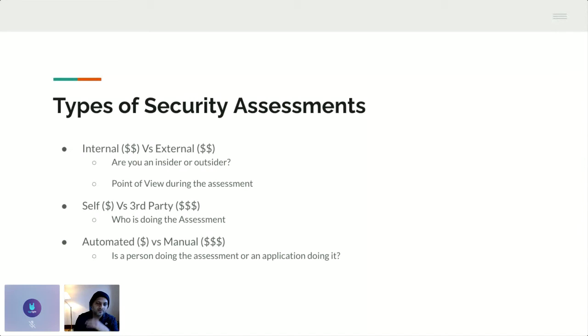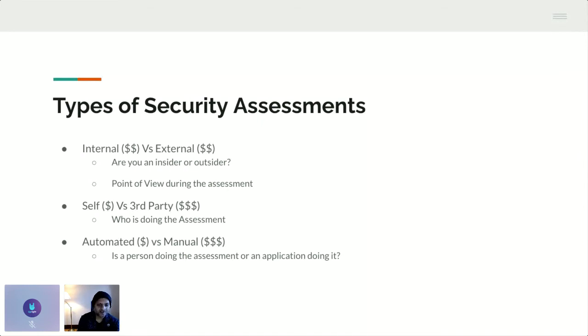And then doing the test from the external perspective, as a user, they will not have access to any of these things. They won't have access to your internal servers, but they can see the app, maybe they can see your website. So you consider doing a test from that angle. These are two different things when you're thinking about these things. The other aspect of this is, how are we doing these assessments? Are we doing it internally in-house, or are we hiring a third party?